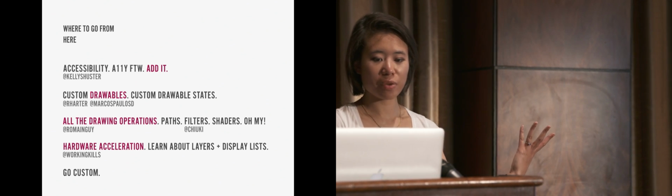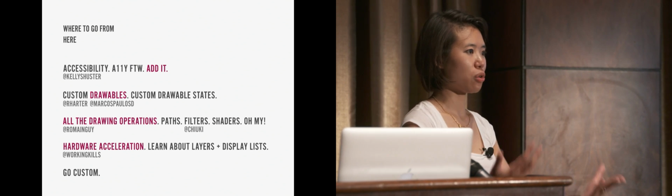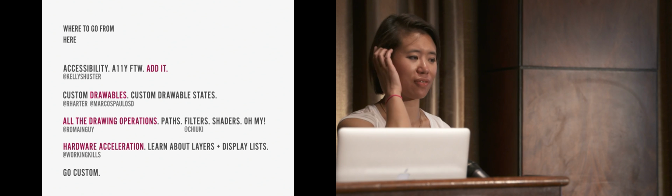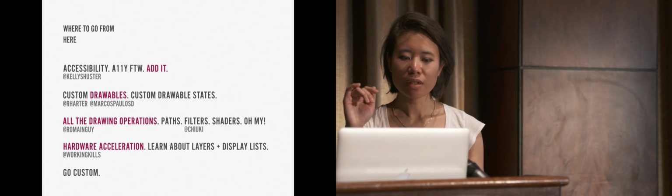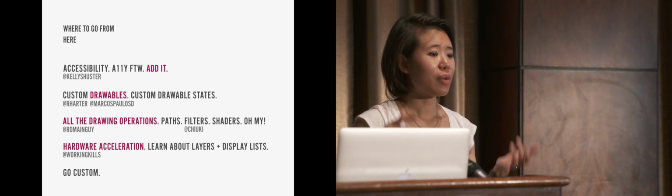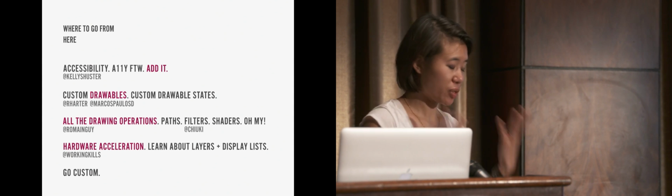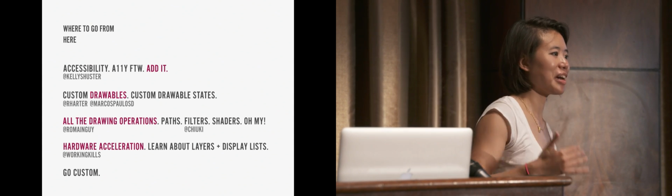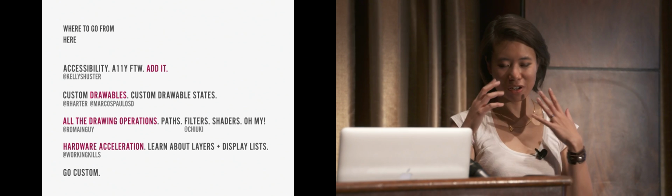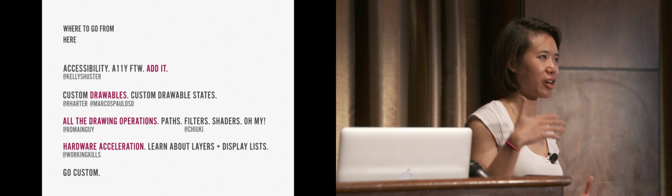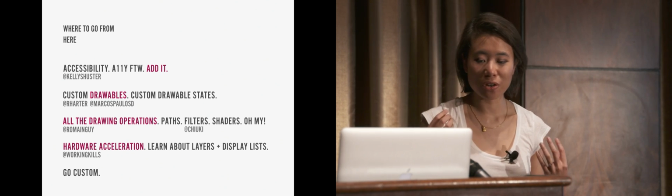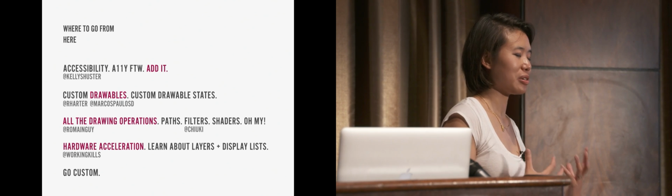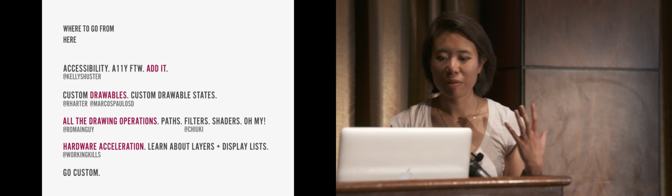Something else that you can do from here is just explore all the different drawing operations there are. And there are a ton. You can do so much with canvases. Romain, who gave the keynote, I remember when I first started doing Android, I would just read his blog constantly. He knows a lot about how the canvases work and how the drawing architecture works, obviously. So I still go back and read his blog posts constantly as reference.